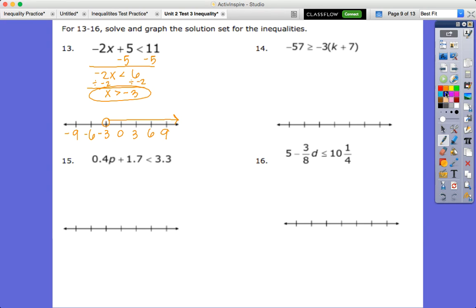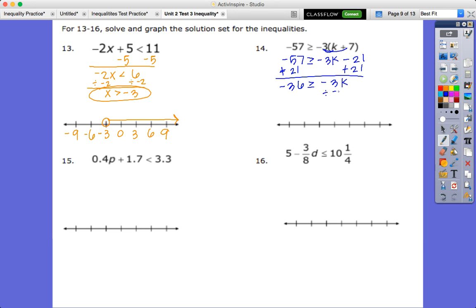All right, let's look at number 14. The first thing I'm going to have to do is distributive property. Negative 3 times k is negative 3k. Negative 3 times 7 is negative 21. Now I'm going to add 21 to both sides. And I get negative 36 is greater than or equal to negative 3k.